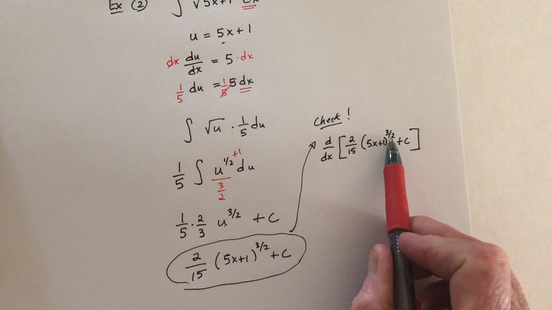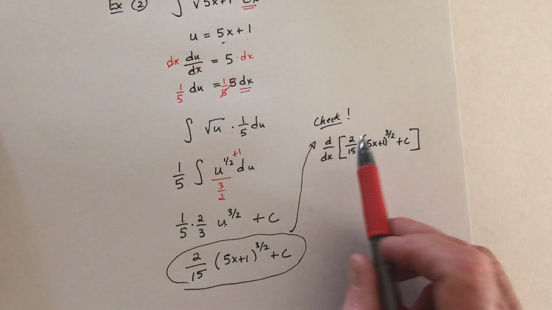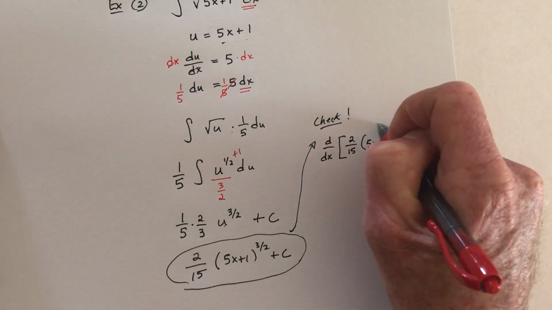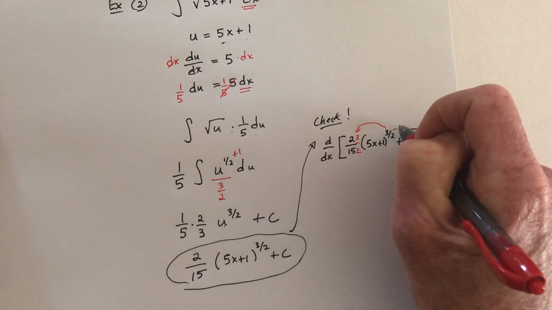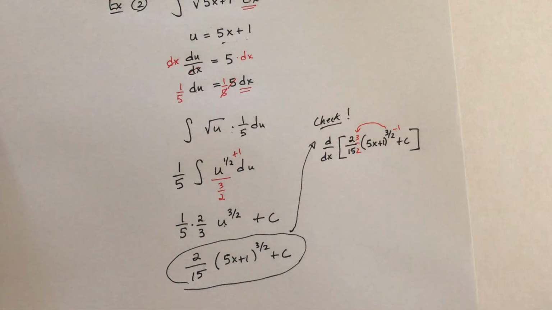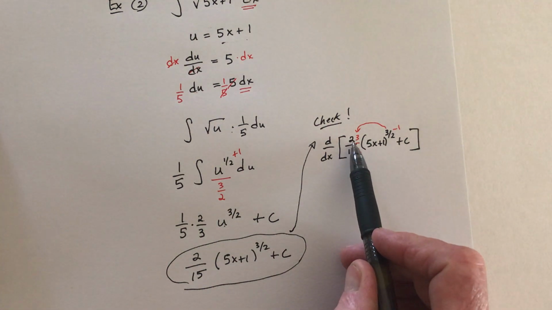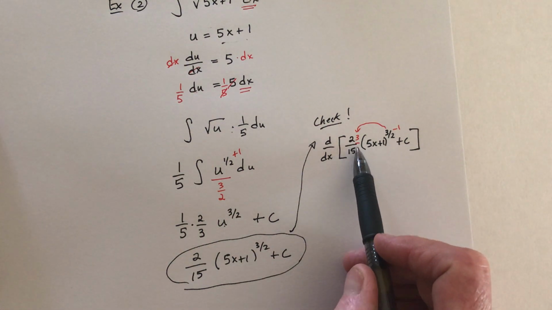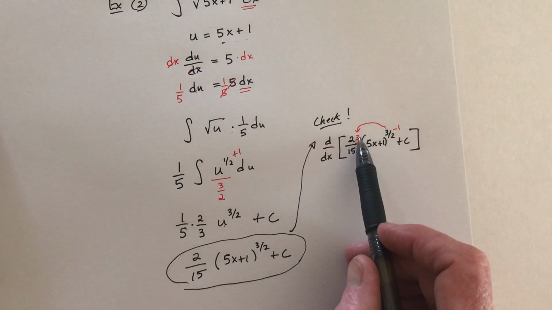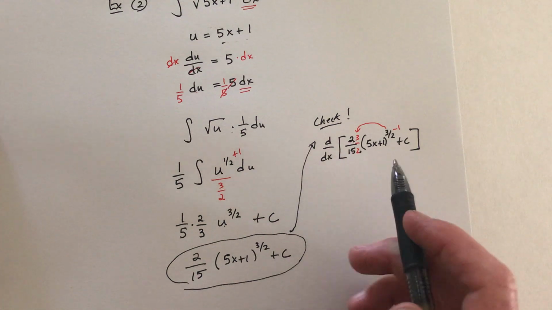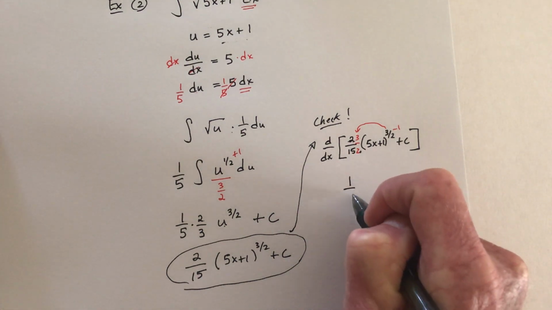Then do the power rule. So the 3/2 goes in front and multiply. And then subtract 1 from the exponent. So this is going to be, well, actually I could have the 2's cancel on the top and the bottom, and then the 3 will divide into 15, which is actually just going to leave 1/5.